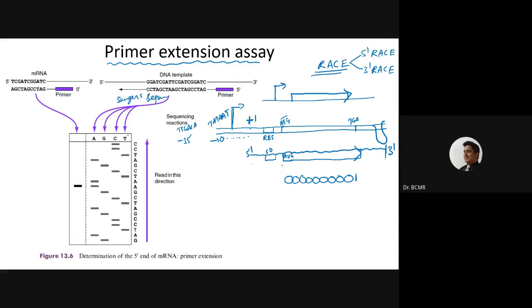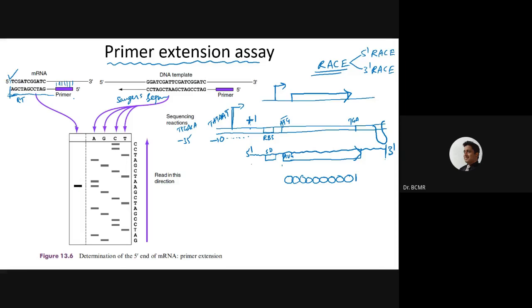So if there is an mRNA like this, and my target is to find out the first base in the mRNA, because I know the gene, I'll make a primer that is complementary to this, and then I will do reverse transcription. Reverse transcriptase will add until this point, and it will stop.